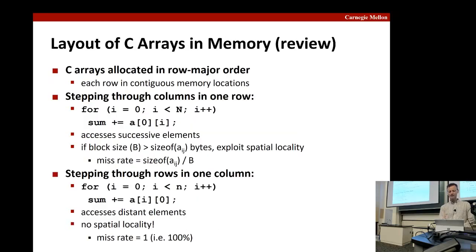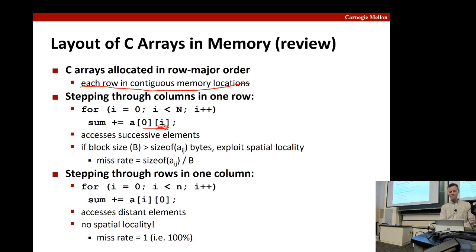then how can we analyze the cache? So remember we said there's a row major order. So each row is contiguous in memory. So if we want to step through the columns in one row, then it's this last index that we step through.